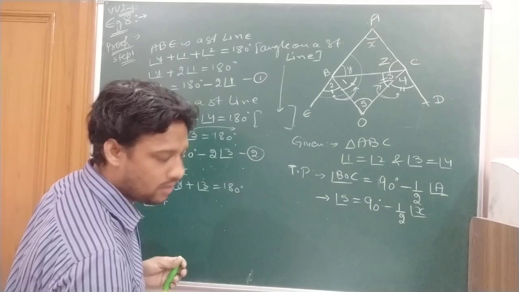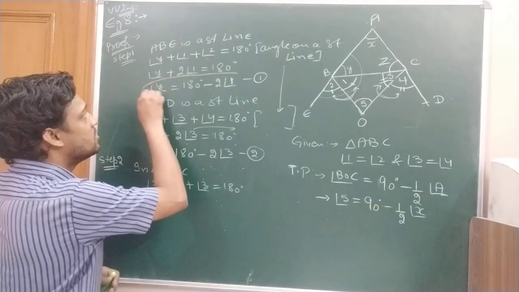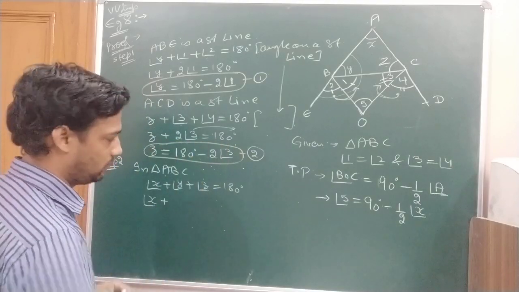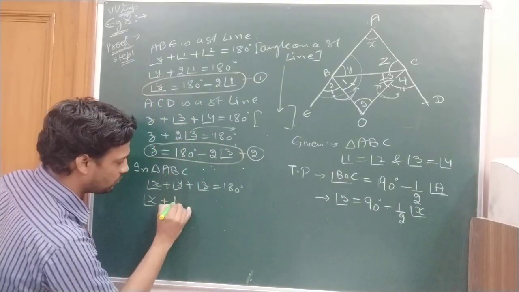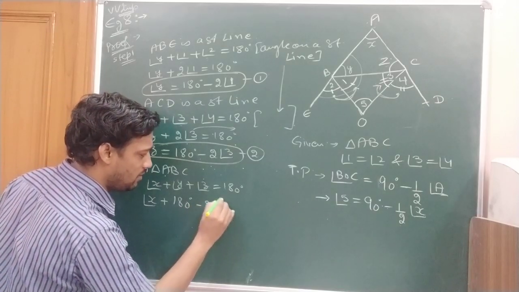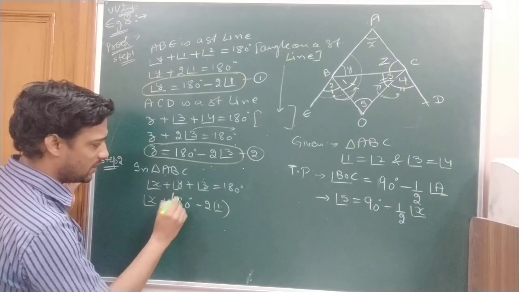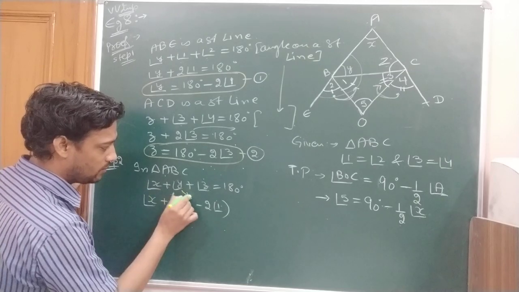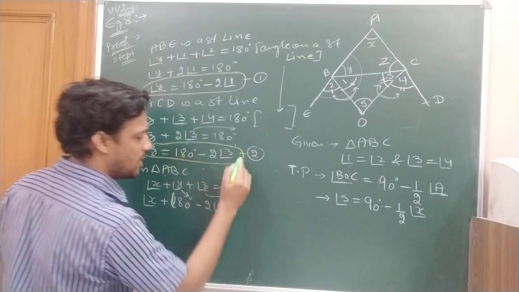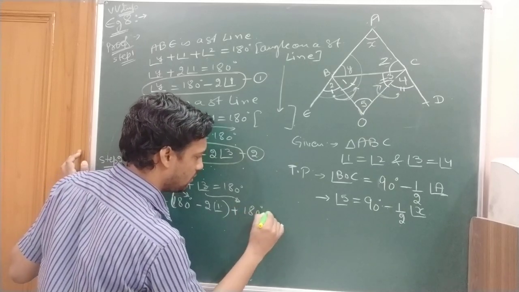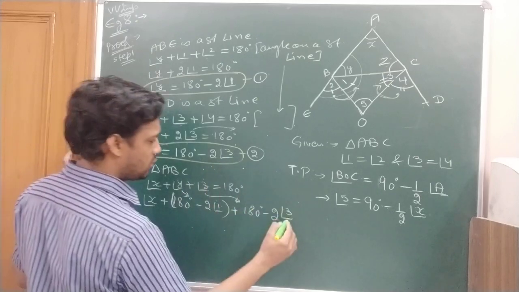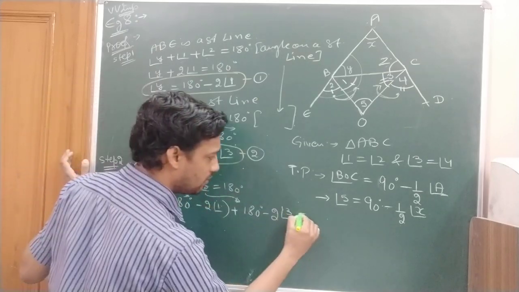Here is the equation: angle Y equals 180 minus double of angle 1. And what is angle Z? Angle Z is 180 minus double of angle 3.